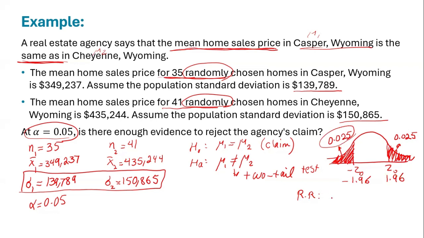That means any z-value that's less than negative 1.96 and any z-value that's more than positive 1.96. I keep this rejection region because at the end, after finding the test statistic, if my z-value falls in any of these regions, I need to reject the null.